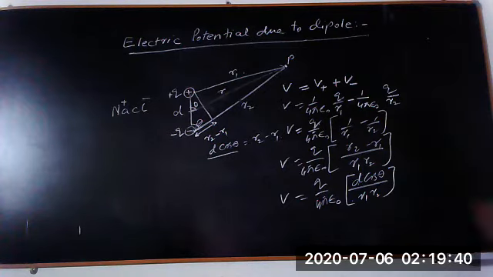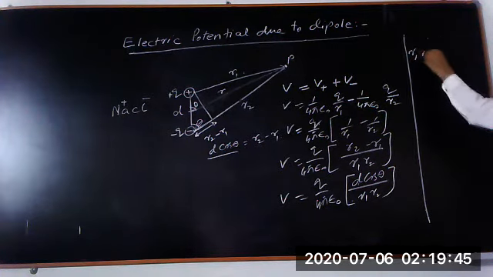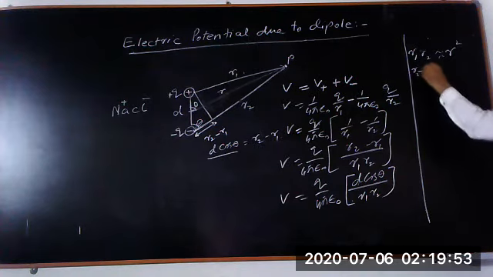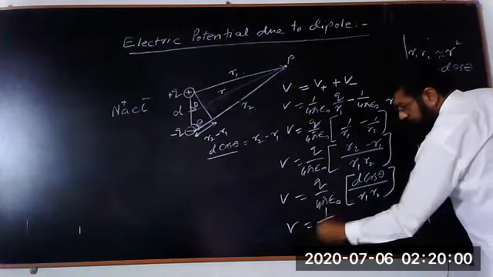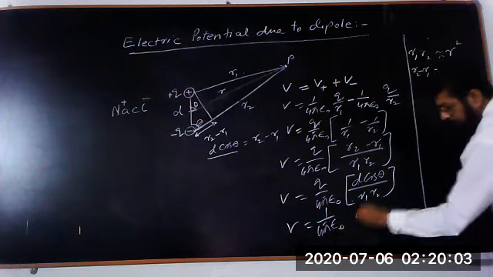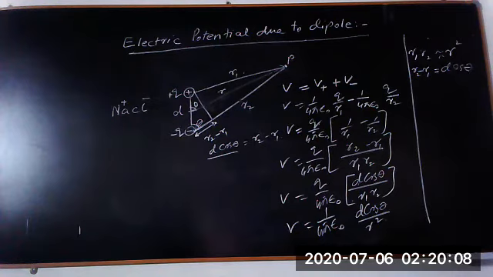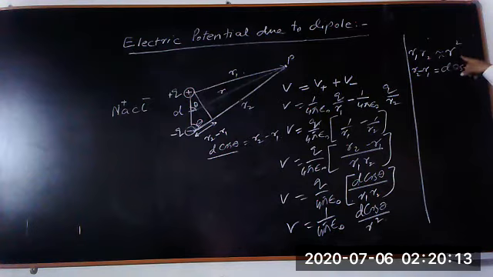Here we have seen that R1 into R2 is approximately equal to R square, and R2 minus R1 is equal to d cos theta. So V is equal to 1 upon 4 pi epsilon naught d cos theta upon R square, because R1 and R2 are approximately equal to R, and the product gives you R square.